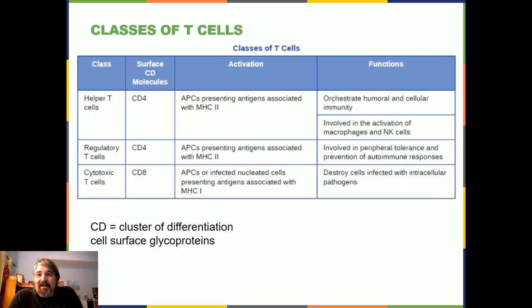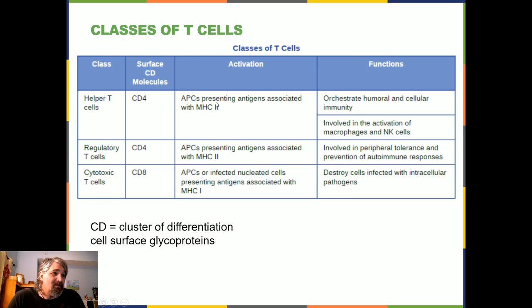Okay, so CD, if you were ever curious, stands for cluster of differentiation. And broadly, for classes of T cells, we have the helper T cells, regulatory, and cytotoxic. So our helper T cells have the CD4 surface molecules.